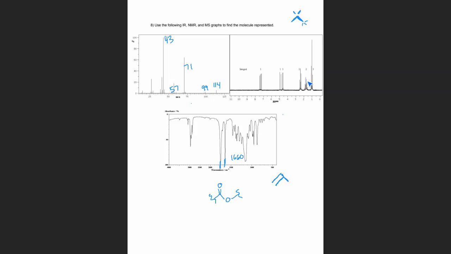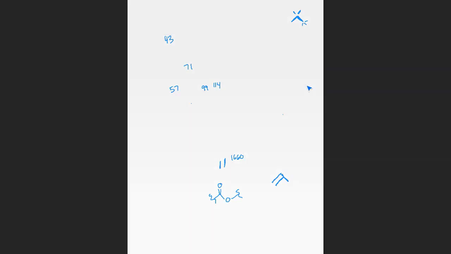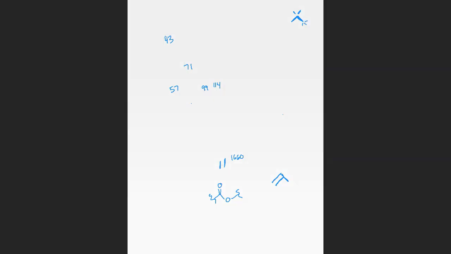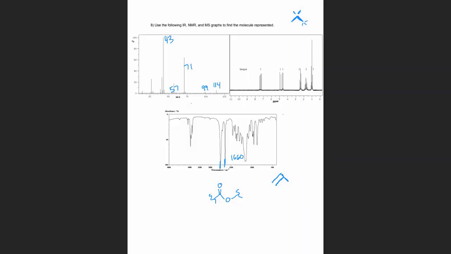And if you look closely, it has 6 peaks right here. So 6 minus 1 is 5, so it's neighboring 5 hydrogens. So the other 2 would be right next to it.